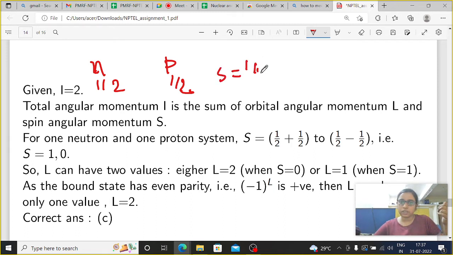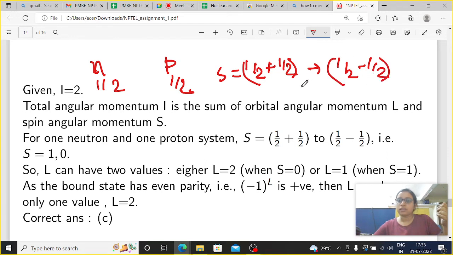It will be from half minus half to half plus half, so 0 to 1 in steps of 1. So the value of S should be 0 and 1.